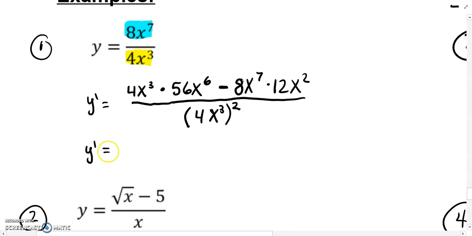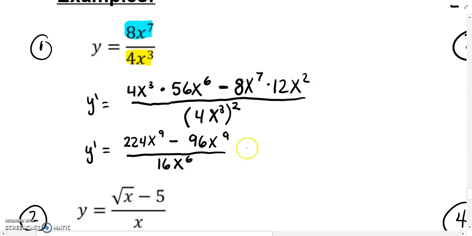So we go ahead and do some simplifying here. We're going to get 4 times 56, so that should be, let's see, 224, I believe. X to the, now when you're taking these, you add them up, so that's 9, minus 8 times 12, 96, x to the 9th, divided by 4 squared is 16, 3 times 2 is 6, and so we can just do a little bit more simplifying.